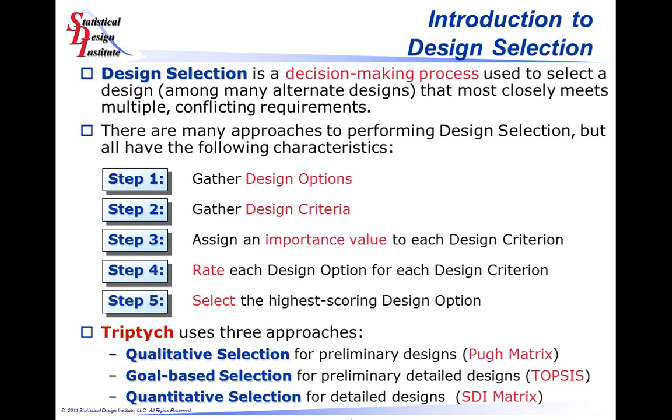Number one, you must identify or gather your design options or your alternatives that are candidate solutions for a particular problem. Next, you must identify the criteria, the conditions that these options or this preferred option must meet in order to be selected as the favored candidate.